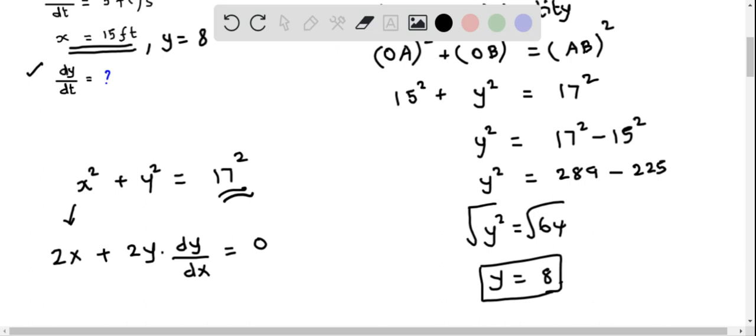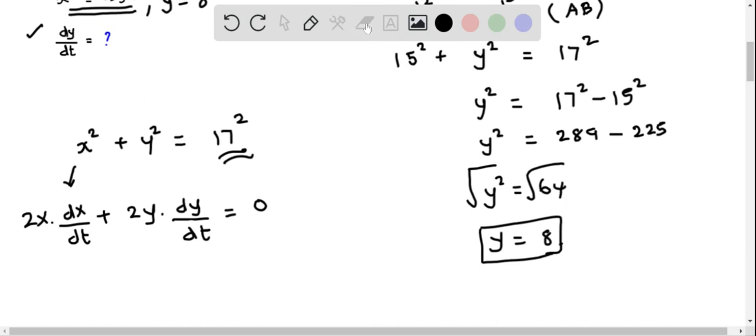I just forgot to put dx over dt here, because when we do the chain rule we have to put dx over dt, and also dy over dt. Since it is changing with respect to time, we should put dy over dt and not dy by dx. So we are differentiating both sides with respect to time.